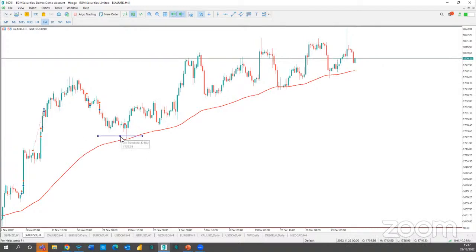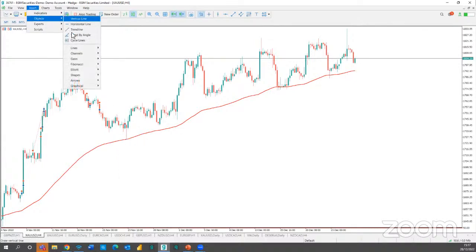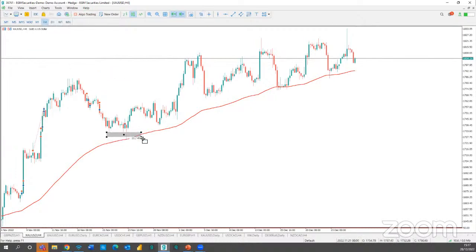Okay, let me use different tools. Let me use an object to show you. For example, at this point here, at this level, you realize the price was trending downwards, but it never went below this area, which is above this moving average, and then it went up again a little bit, right?